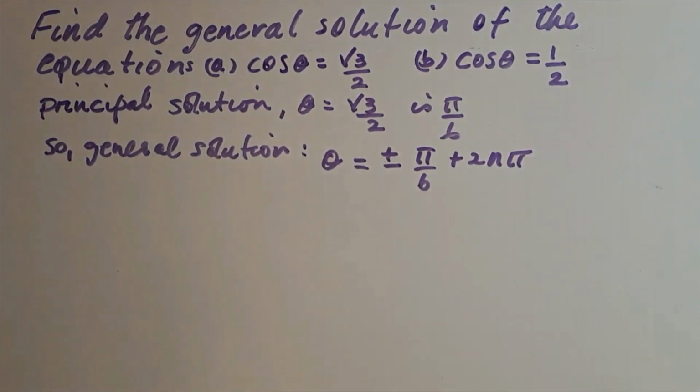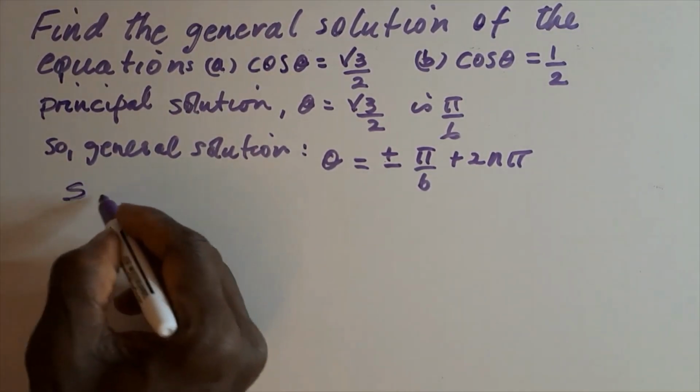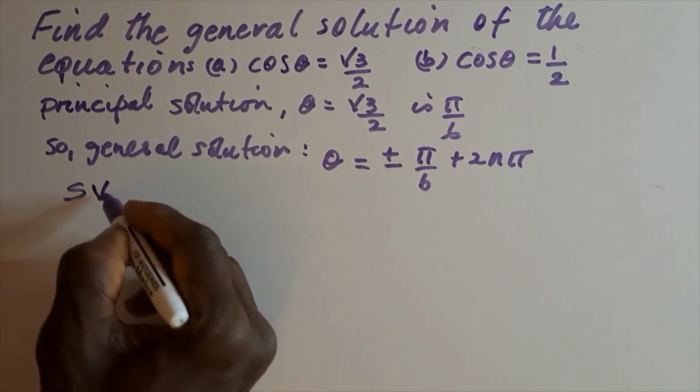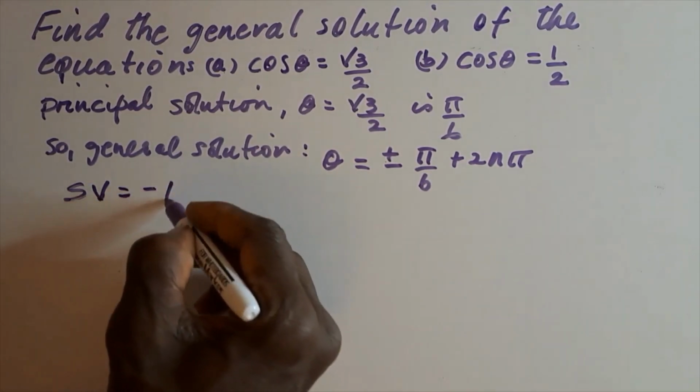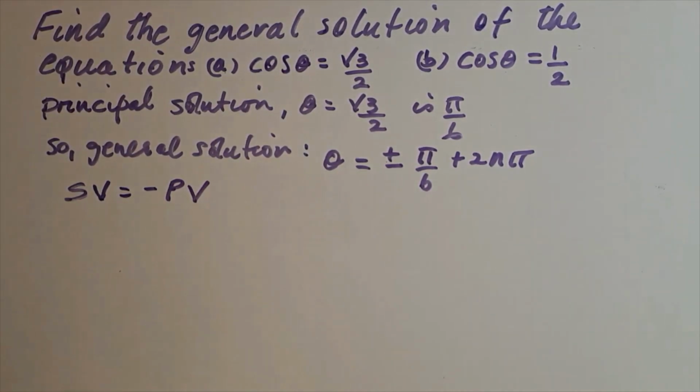And if you're wondering why we have plus and minus, remember this relationship between the secondary value and the principal value: opposite in sign, the same in size.